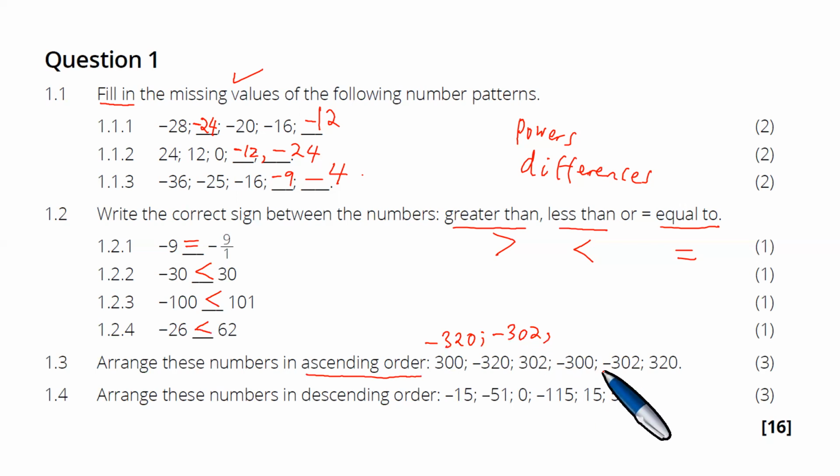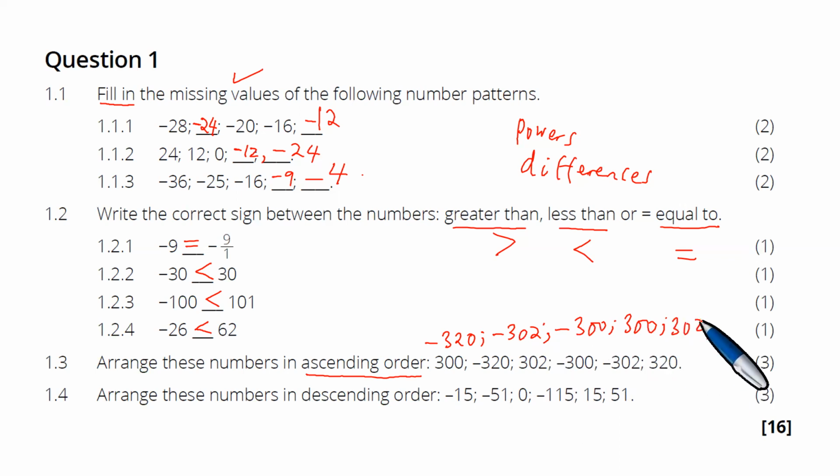The next one is minus 300. Well done. After minus 300, the next one is 300. After 300, the next one is 302.